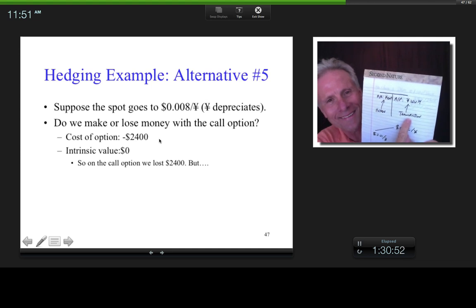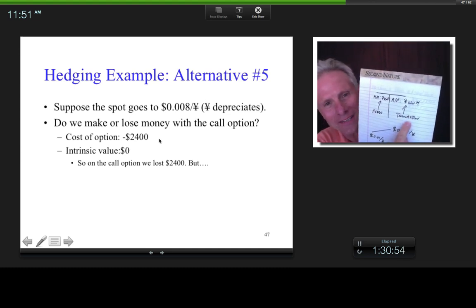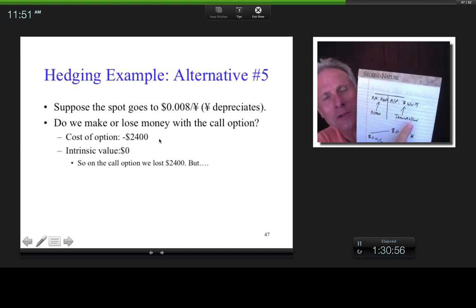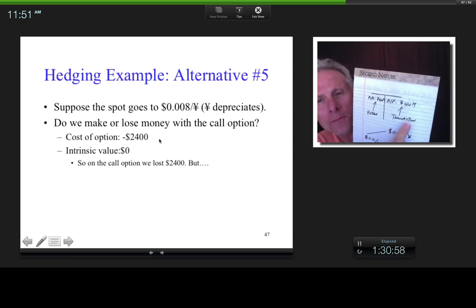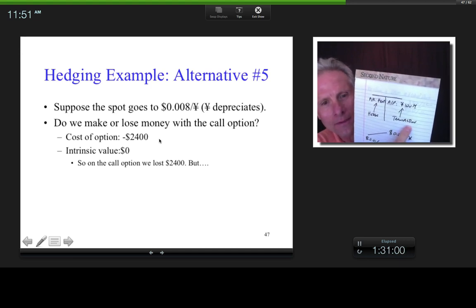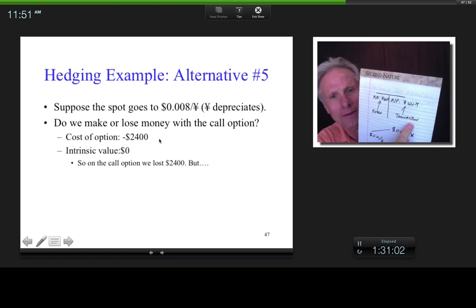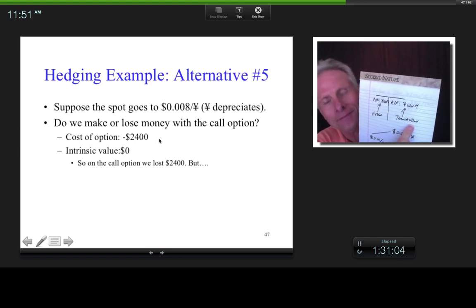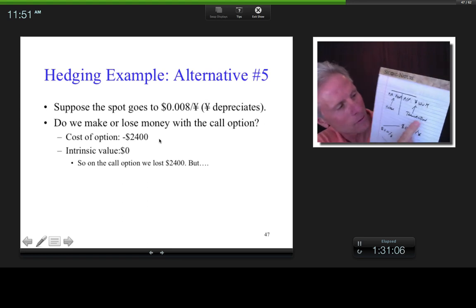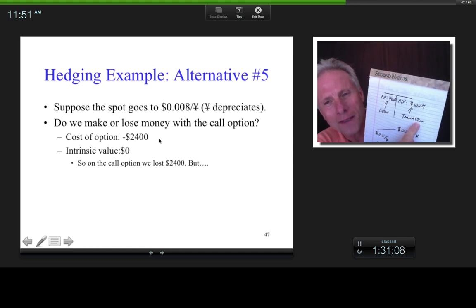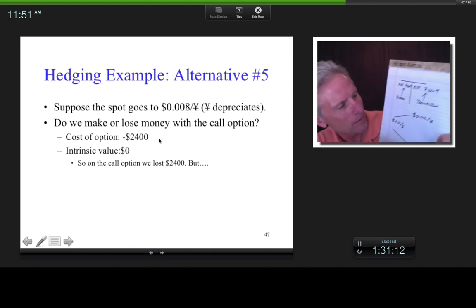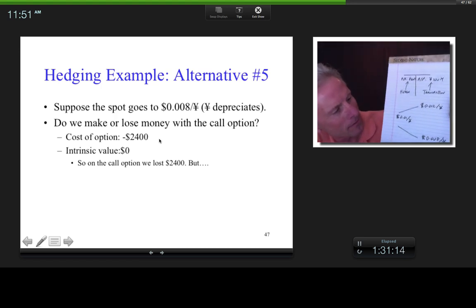short yen. The yen depreciates. When you're short something and that something goes down in value, have you made a lot of money or lost money? You've lost money, right? Nope. You've gained money, right? When you're short something and something goes down in value, you've gained money. How much have you gained? Well, you've gained 200,000, right?